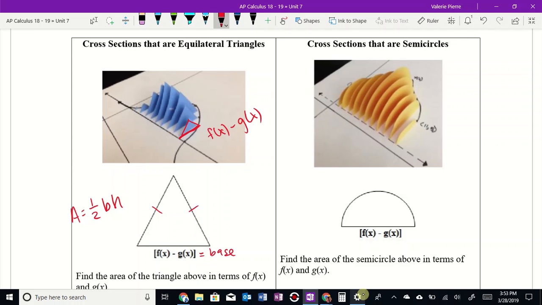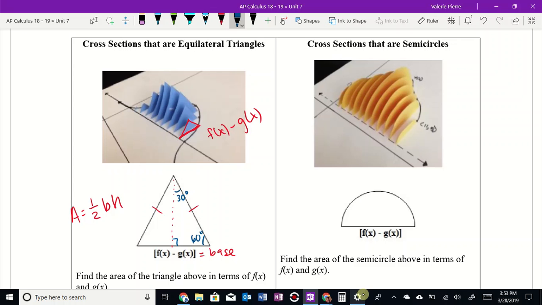So we need to now find the height of this triangle. And to do that, we need to identify the type of triangle that can be created by splitting an equilateral triangle in half. By splitting an equilateral triangle in half, we get a 30-60-90 triangle, and those side lengths are proportional in a specific way.